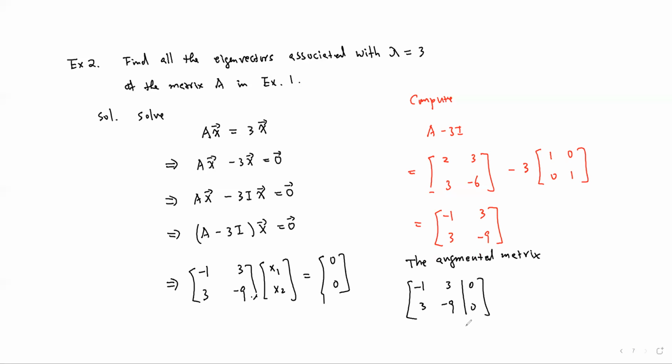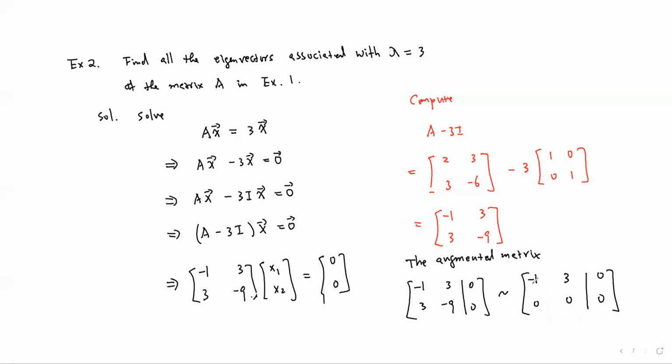Reduce the augmented matrix to the reduced echelon form, right? Positive 3 times the first row added to the second row. 0. Positive 3 times first row, 3 times 3, 9. Add to -9, 0, 0.